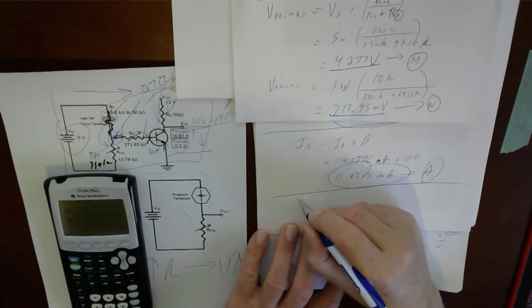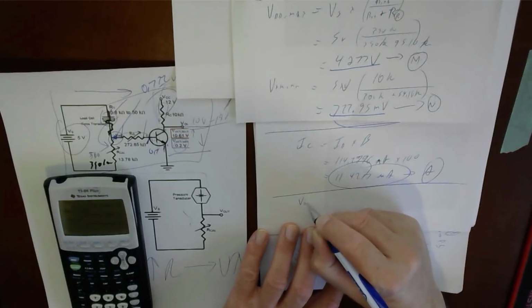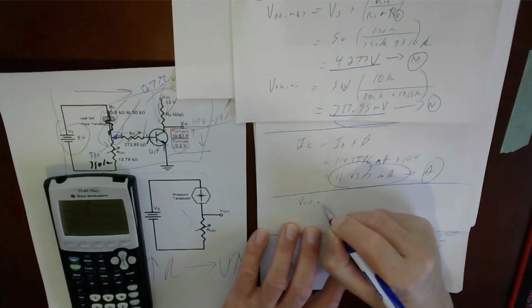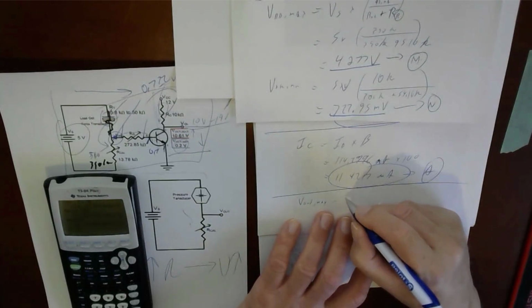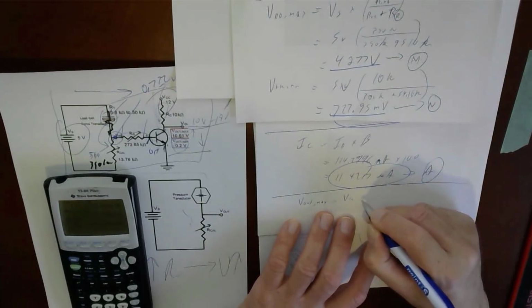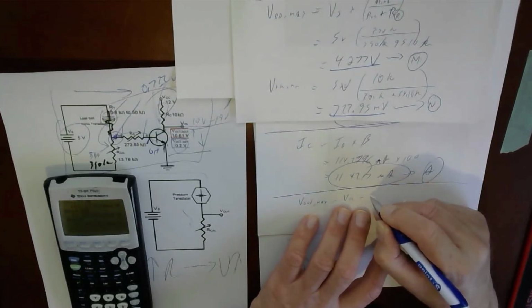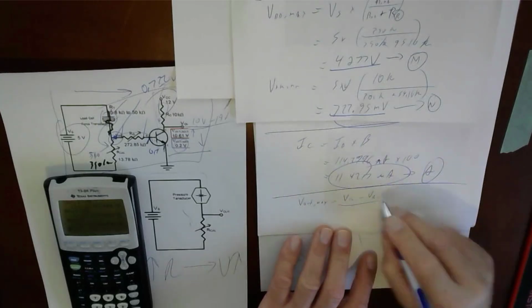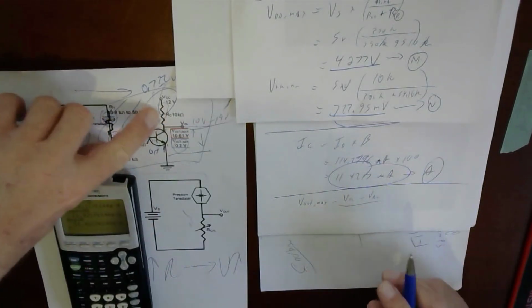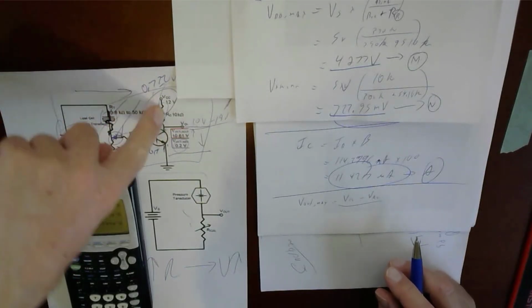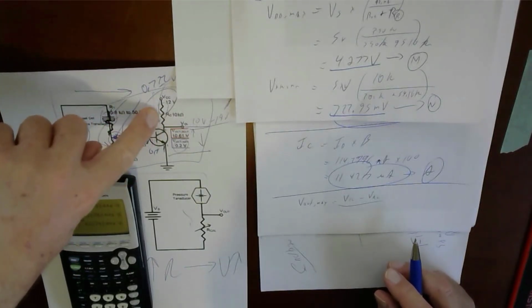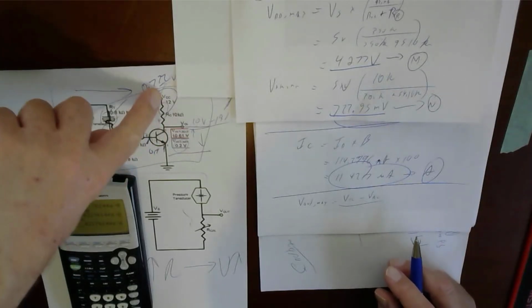So I'm going to say that the V out maximum is going to be VCC minus VRC. That's Kirchhoff's voltage law for a series circuit, because this plus this equals that. So if I want to know what this is, I take that and I subtract this. So the voltage drop across this plus the voltage drop across that equals this.